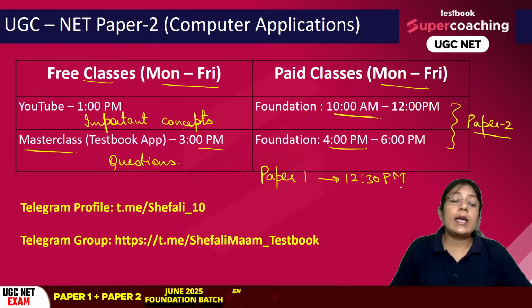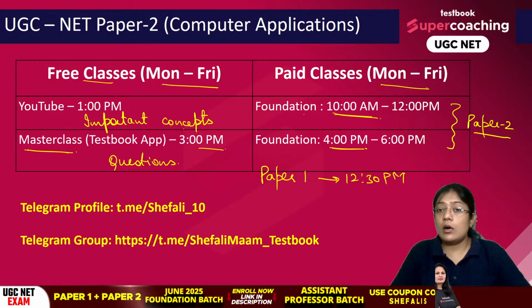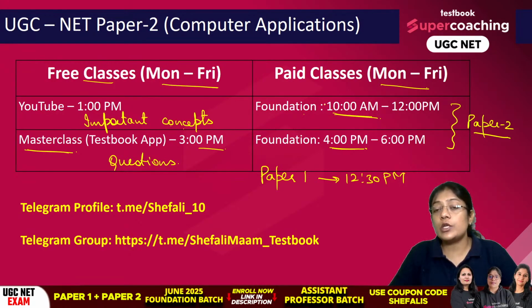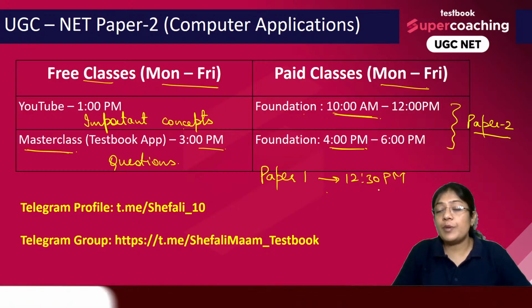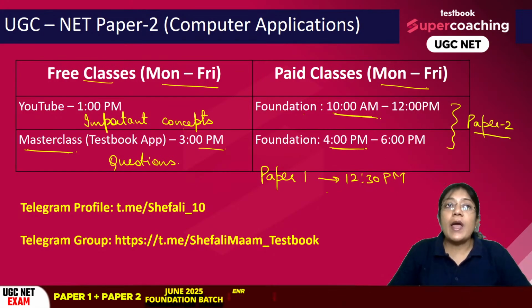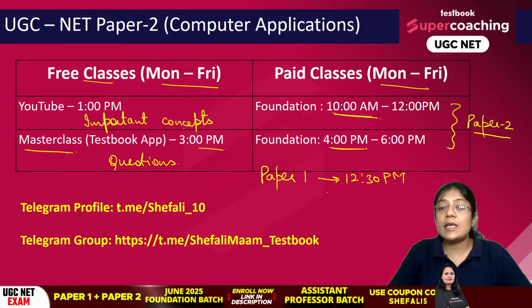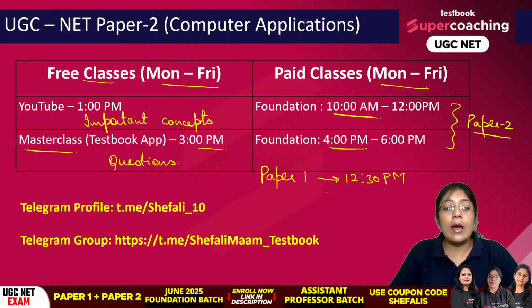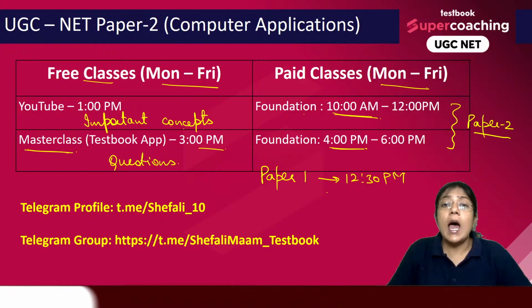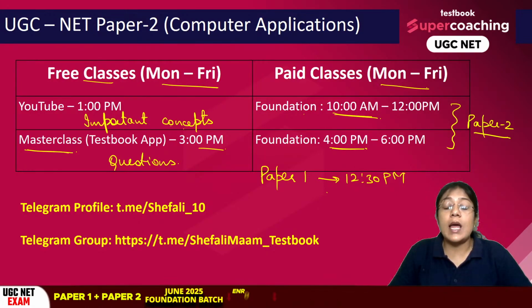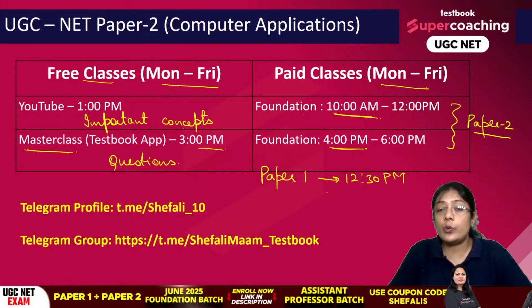So daily you will get 3 classes if you enroll yourself for the foundation batch or for the paid classes. 2 classes of paper 2, 1 class of paper 1. So total 5 or 5 to 6 hours की daily आपकी classes होती है. Apart from that, remaining time you can utilize in preparing your notes and in solving the questions and in revising the units which are already covered.